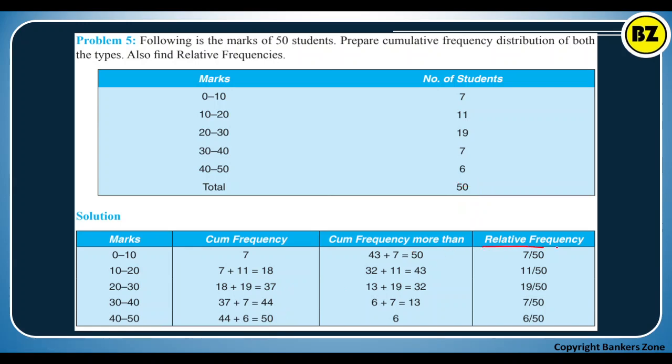Now the next task is to find the relative frequency. So what is the frequency here? It is 7, 11, 19, 7 and 6. So what is the relative frequency? Relative frequency is nothing but the frequency upon the total frequency. So for the first, the frequency is 7, so 7 upon 50, calculate it. For the second, 11 upon 50.